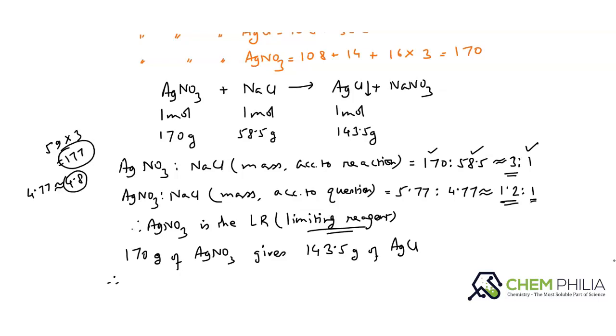Therefore, 5.77 gram of AgNO3 gives how much AgCl? It will be 5.77 multiplied by 143.5 divided by 170 gram of AgCl.